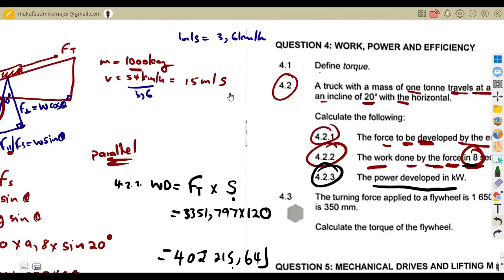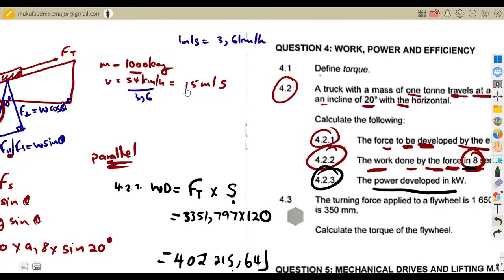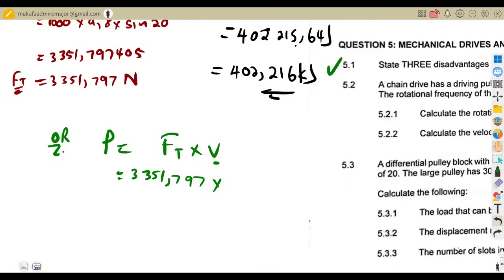The velocity there was the initial one. Remember, it was a constant velocity, it does not change: 15 meters per second. So that means we're going to multiply by 15. This is going to give us 50,276.955, which will be in watts.